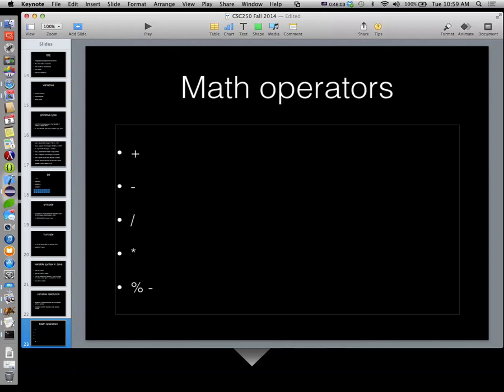Okay, so modulus operator, this is the remainder of an integer division.